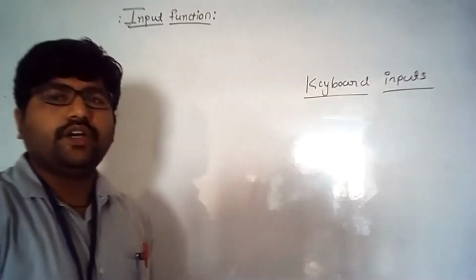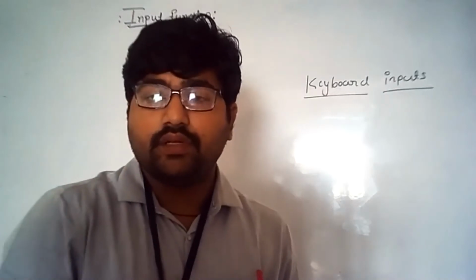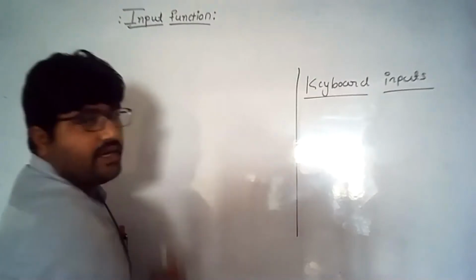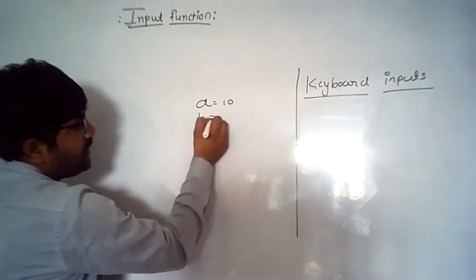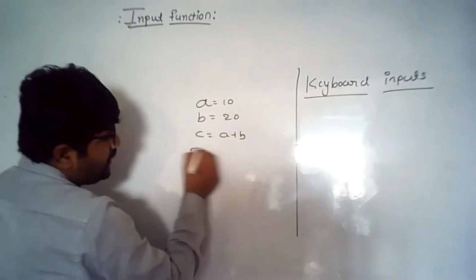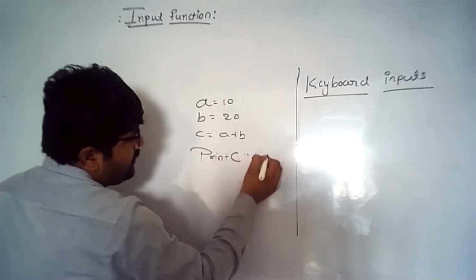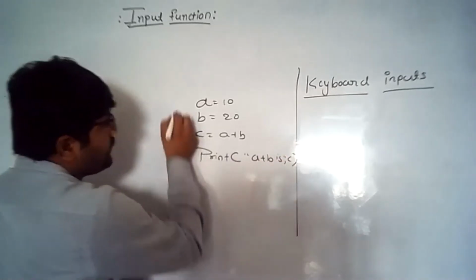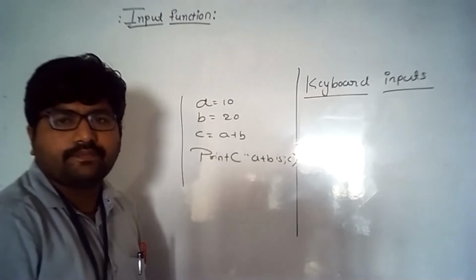If I want to give input from the keyboard, how can I do it? You know from the previous session that I assign the value a equal to 10, b equal to 20, c equal to a plus b, print a plus b is, comma c. This is a Python program.